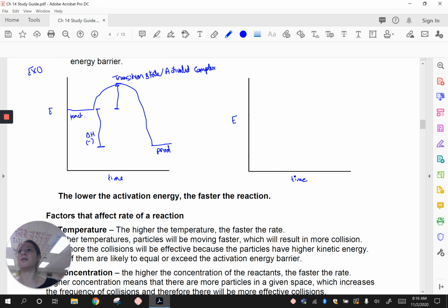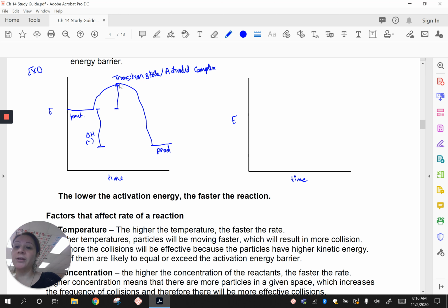It's a structure where the bonds of the reactants are starting to break, the bonds of the products are starting to form. So in order to get to that transition state, these particles in the reactants are colliding, but if they don't have enough energy, they fall back down and reform the reactants. Collide, go back down, collide, go back down.